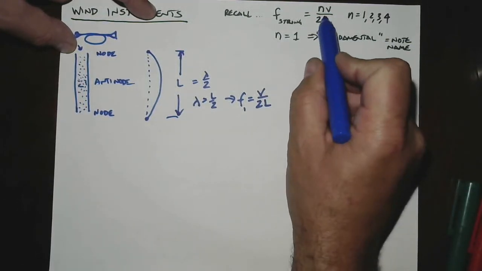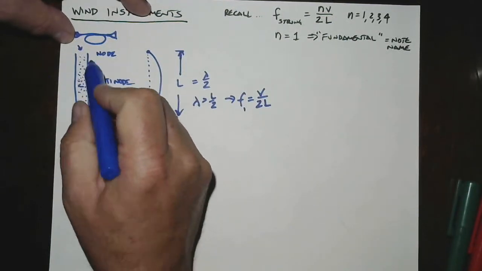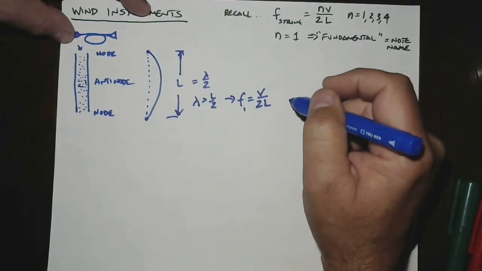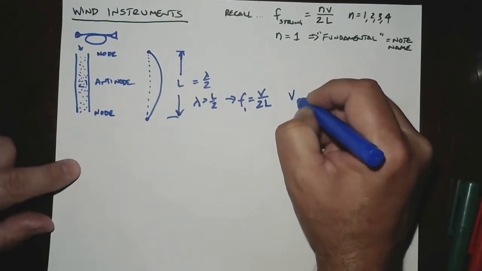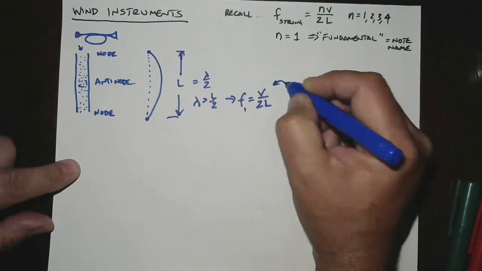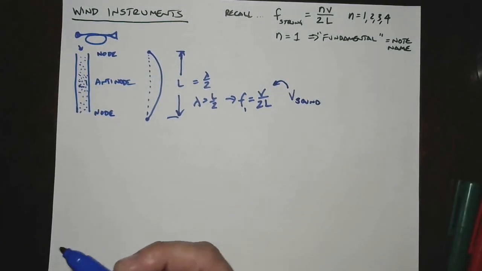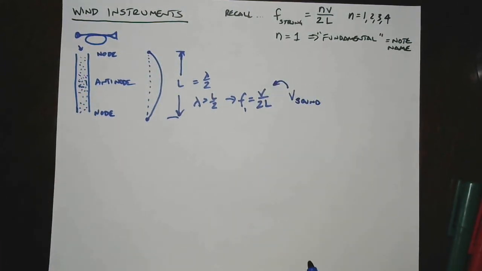It matches exactly what we got for the string. That's no big surprise because we have nodes at either end, just like we did with the string. However, in this case, the velocity is the speed of sound, and that's a little easier to handle than the velocity on a tight string. The length is the length of the tube, and the velocity is the speed of sound.